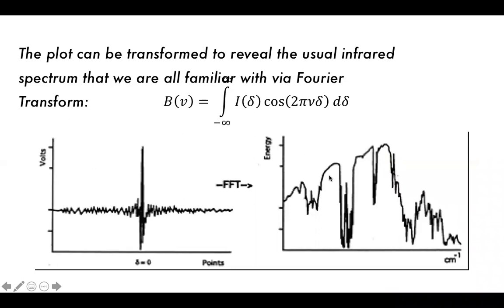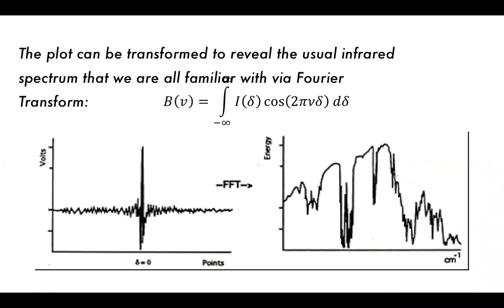So let's see a real example then. This plot can be transformed to reveal the usual infrared spectrum that we are all familiar with via Fourier transform. This is the interferogram after it has passed through our sample. This is what the instrument is measuring at the detector, sorry.